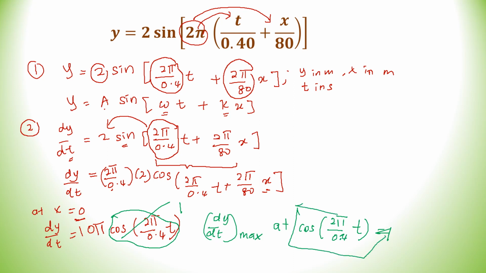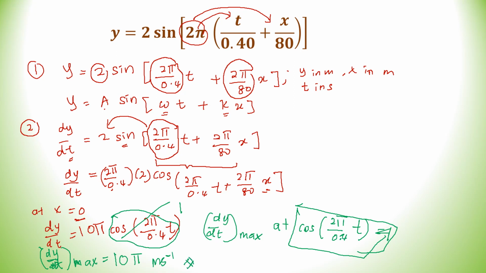For this bracket, the value is 1. So your answer, dy/dt maximum, is 10 pi meter per second. So this is our answer.